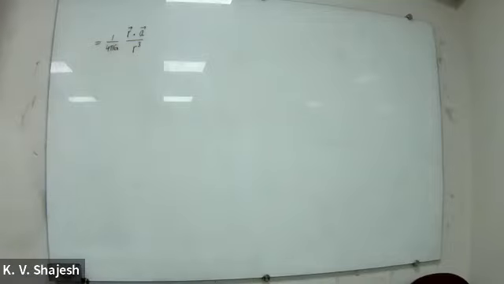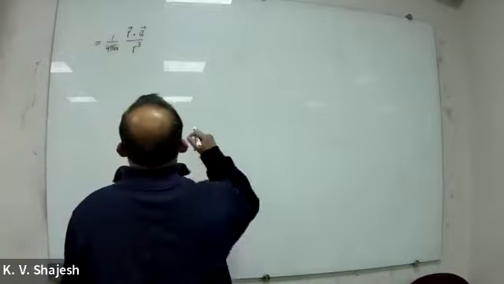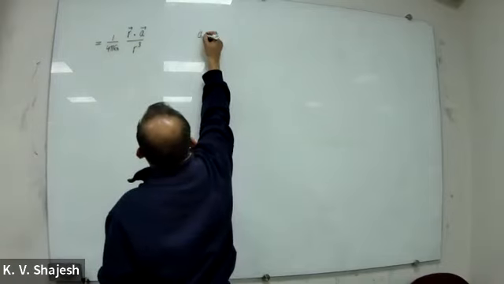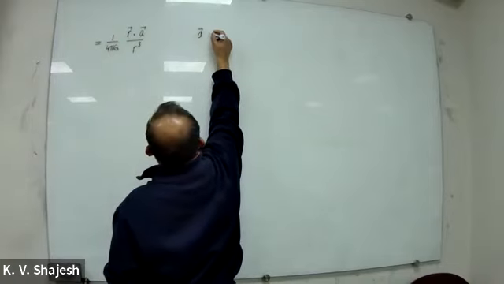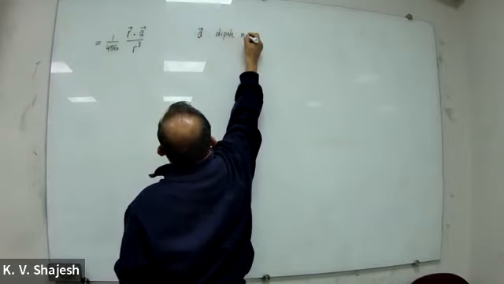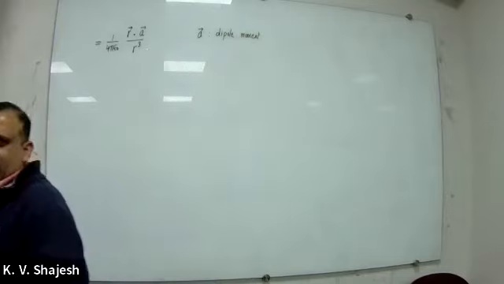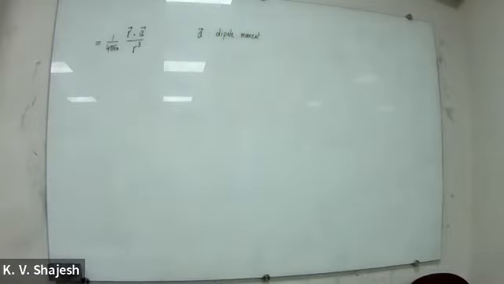No, I don't have epsilon. And no, even now you cannot say, right? So let's say A is dipole moment. R is position, A is dipole moment. Then what is the dimension of this quantity?